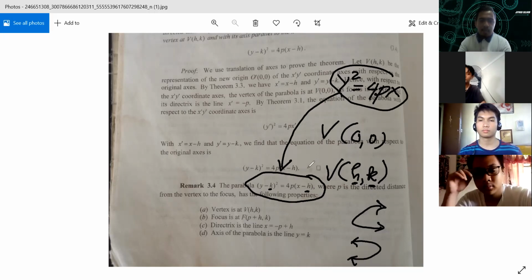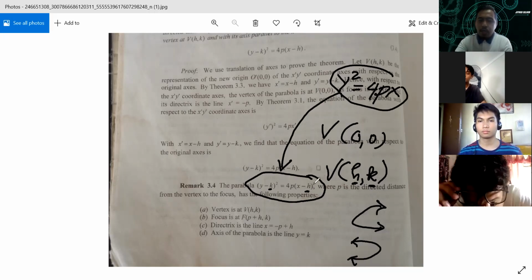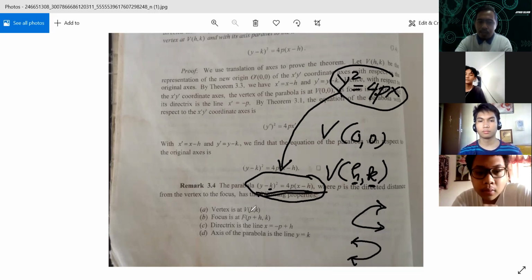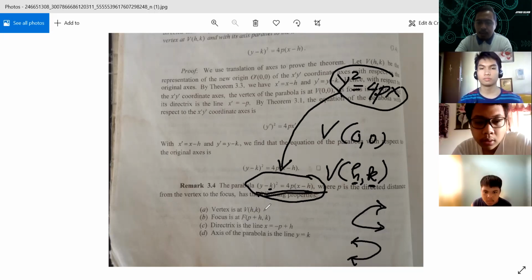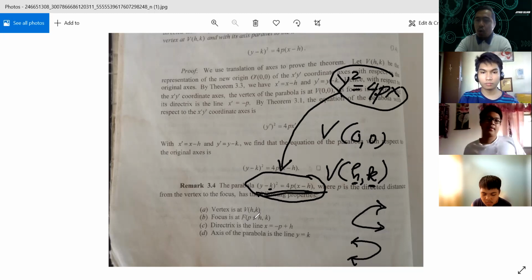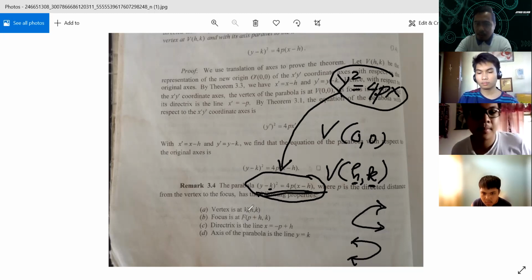Okay? And all you have to remember, if your parabola has a formula of this form, then your vertex is at (h, k), then your focus will be (p plus h, k). So all you have to remember is the vertex and focus have the same ordinate. The difference is you added the p to the abscissa of your vertex.